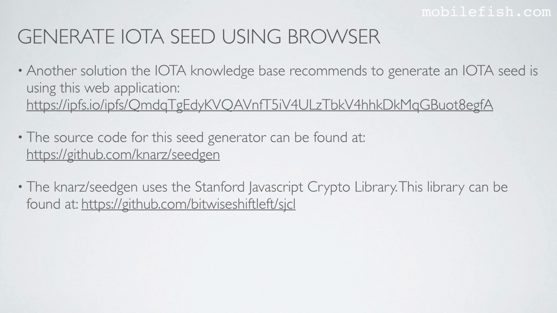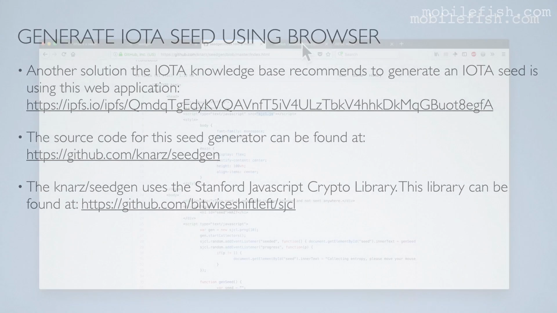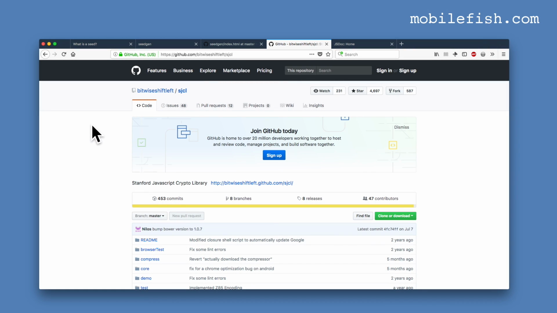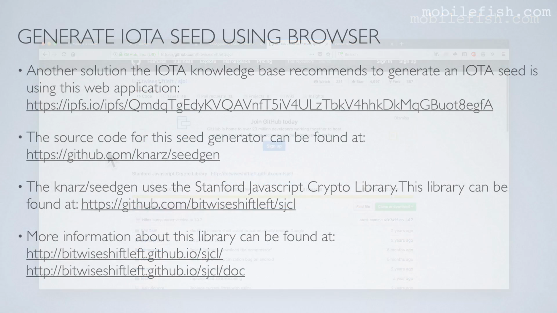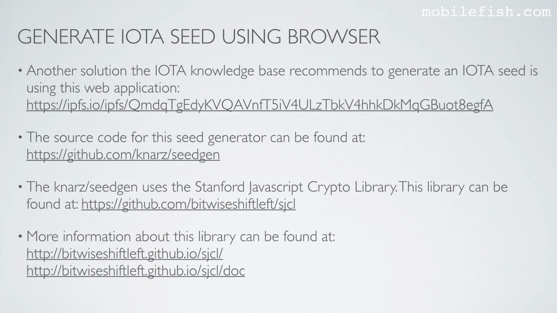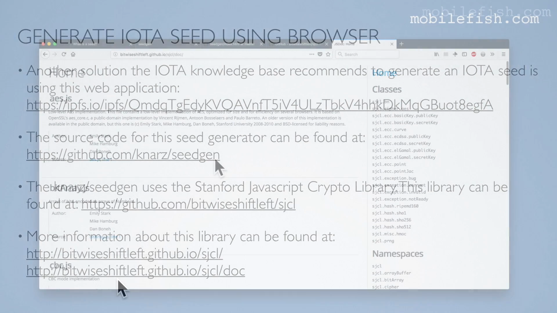The CNARS seedgen uses the Stanford JavaScript crypto library. This library can be found at this location. This is the JavaScript library. More information about this library can be found at these two locations. This last link gives more information about the API.